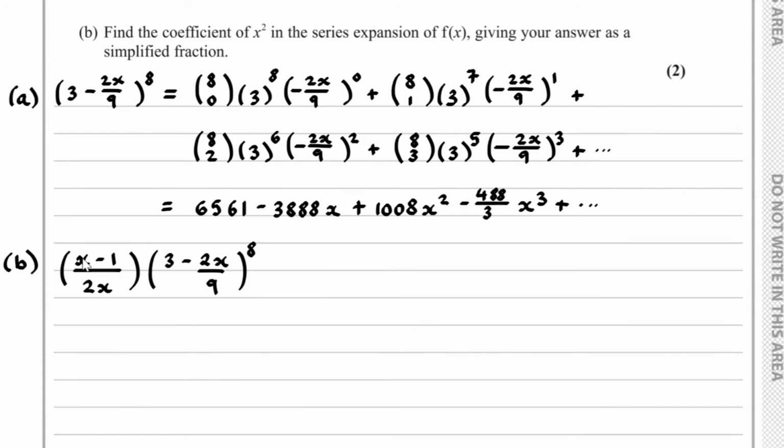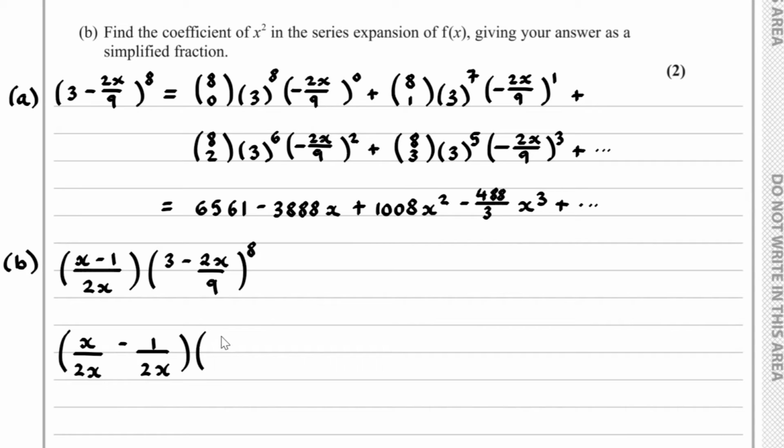Now, the x minus 1 over 2x, we can rewrite this as x over 2x subtract 1 over 2x.